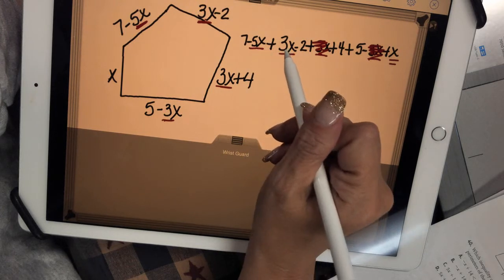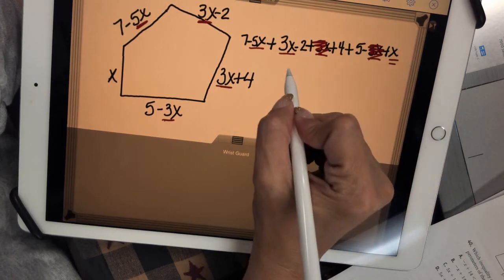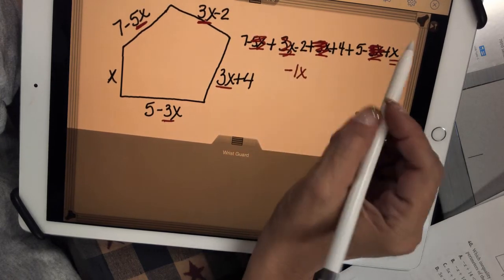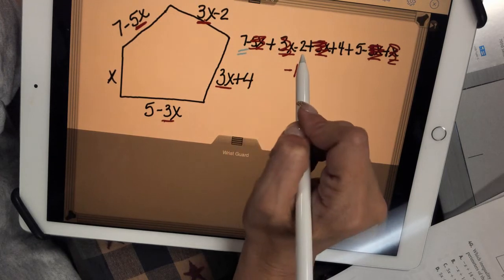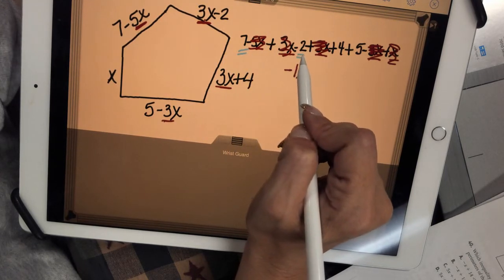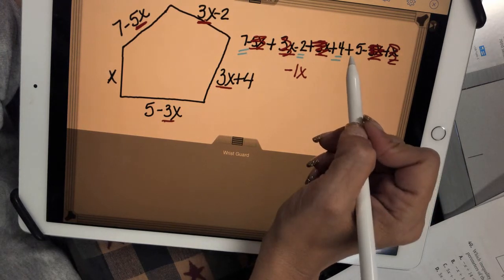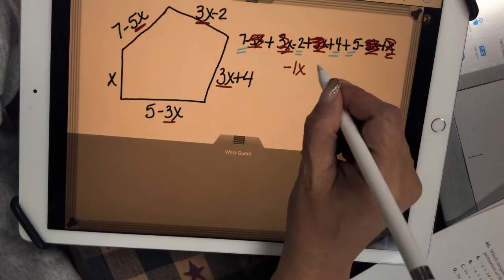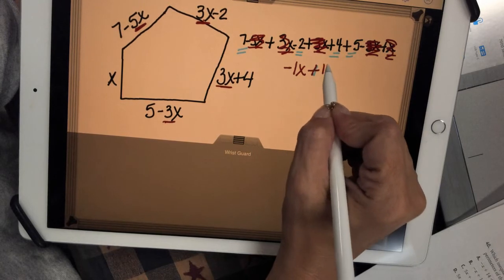Negative 5x plus 3x will be negative 2x. Negative 2x plus 1 is going to be negative 1x. Alright, so I used all those. 7, that'll be 5, that'll be 9, that'll be 14, plus 14.